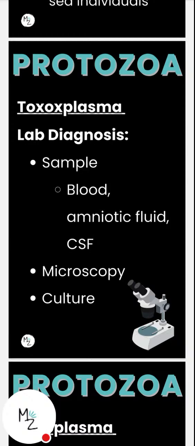Then we'll take these samples and we'll visualize them under the microscope. And we'll see the cysts and the trophozoites under the microscope. Cysts are circular, while trophozoites are comma-shaped, narrow at the anterior end and wider at the posterior end. We'll also go for culturing the parasite.